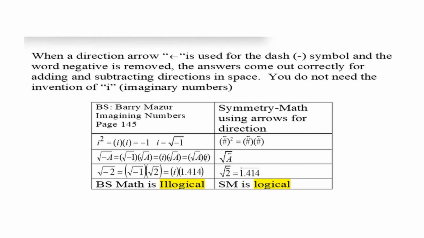So if you carry out the math here, you'll find out that the square root of -2 is i times 1.414. If you use symmetry math and you use arrows for directions, you simply have the square root of 2 moving in this direction, and so it's 1.414 moving in the direction of the arrow. Symmetry math is logical.